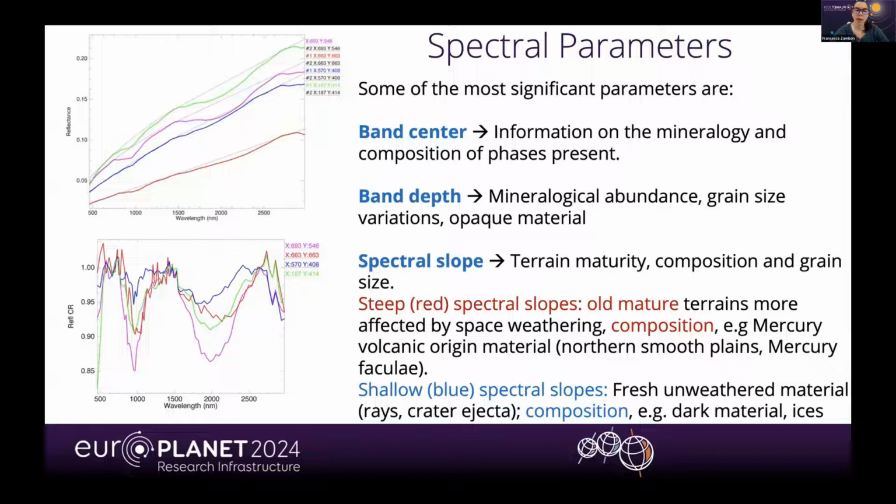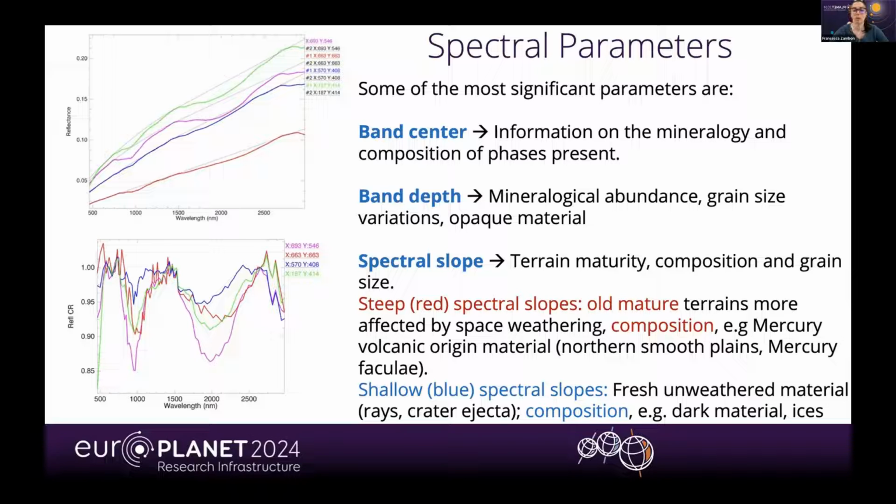We see that we have a red spectral slope when we have steep slopes. This kind of spectral slope is typical of mature terrains, terrains more affected by space weathering. You see a particular red spectral slope on Mercury, but also on the Moon.